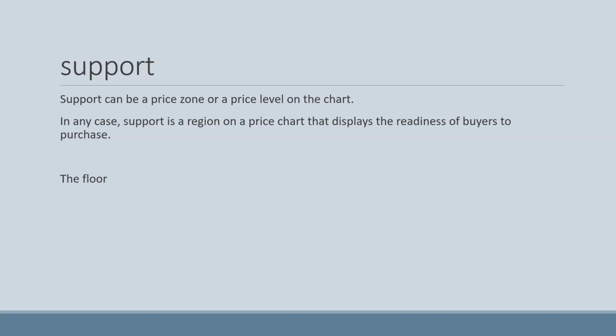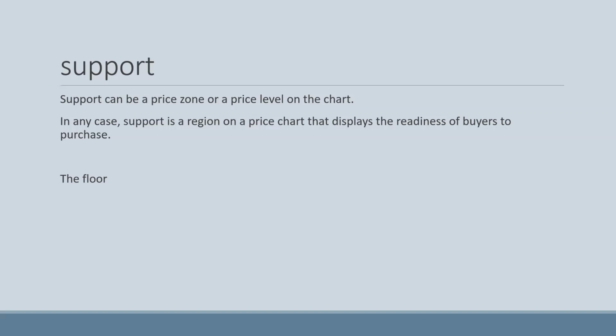It means wherever you see support is that level in the chart where there is increased demand. And remember, when there's increased demand and you now have reduced supply, what's going to happen? The price is going to increase. So support are those areas where you have a lot of buyers that want to buy in the market.